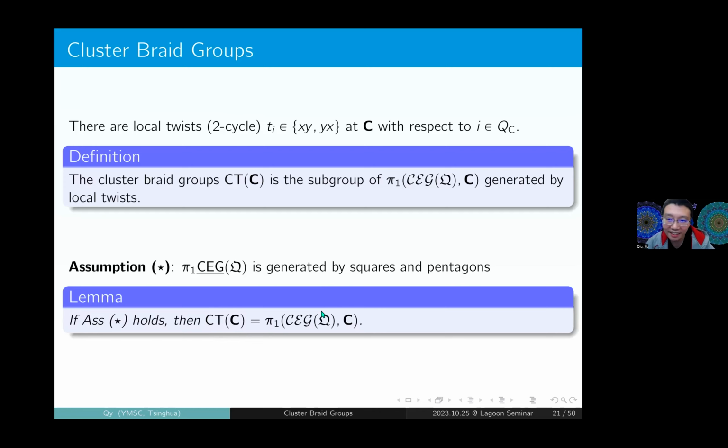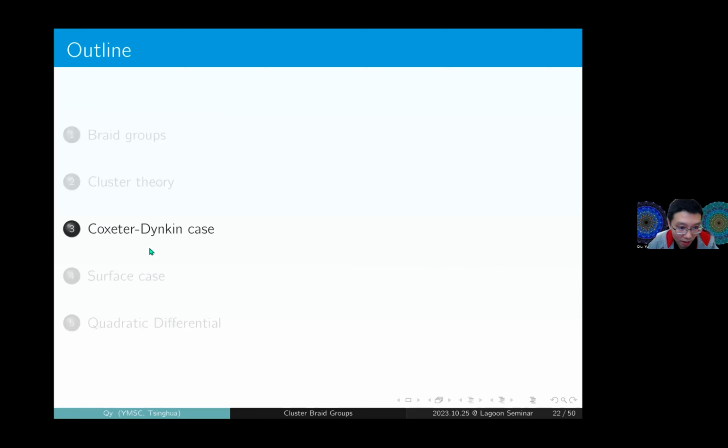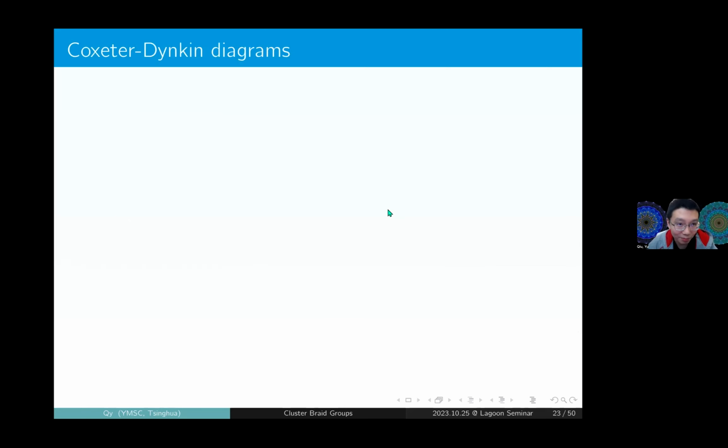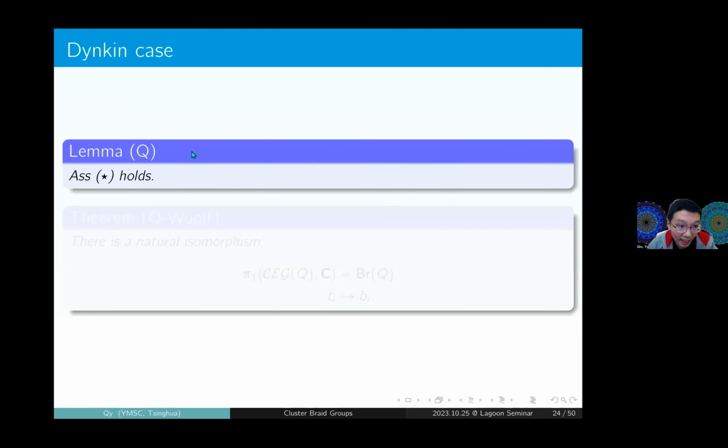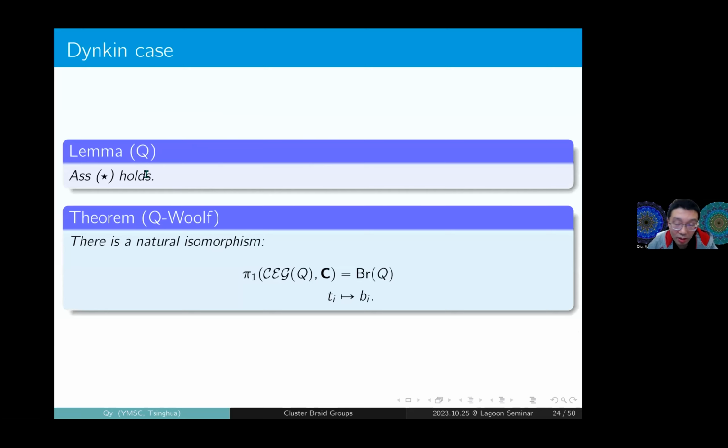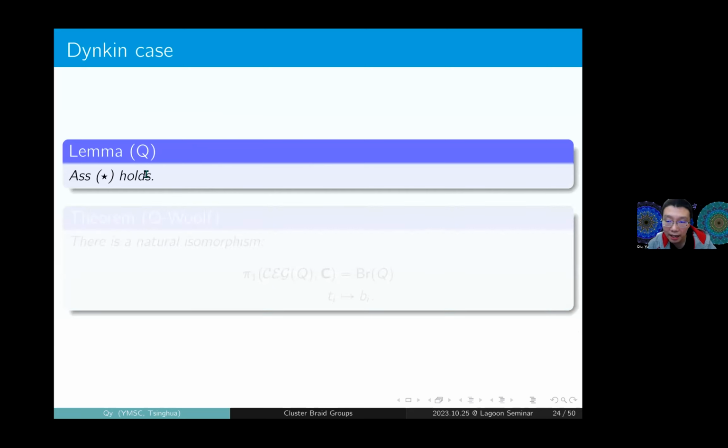Okay, so we have defined this, and let's see what we get in various cases. So first, I want to talk about the Coxeter-Dynkin case, although maybe first focus on the Dynkin case. In the Dynkin case, the cluster exchange graph is generated by the unoriented cluster exchange graph.